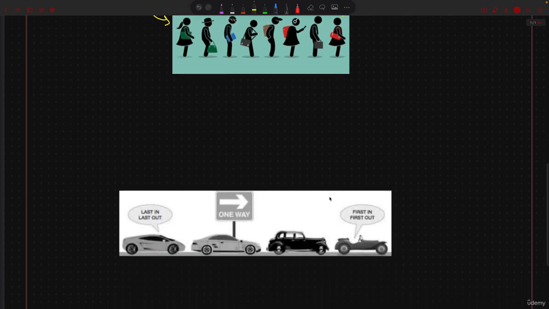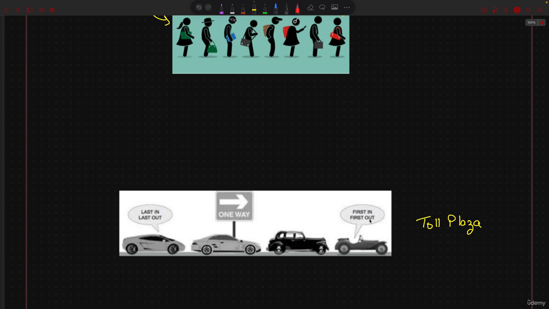We have these cars. Let's say there is a toll plaza, right? Now the car which comes in first will of course be the one which goes out first. So first in, first out. As compared to our stack, it is totally opposite.